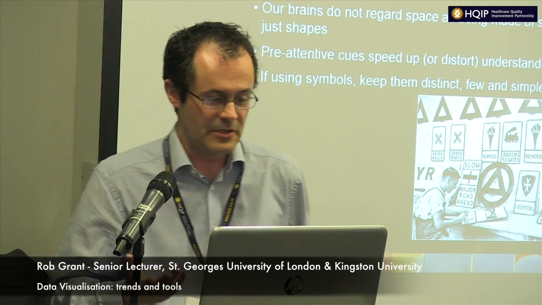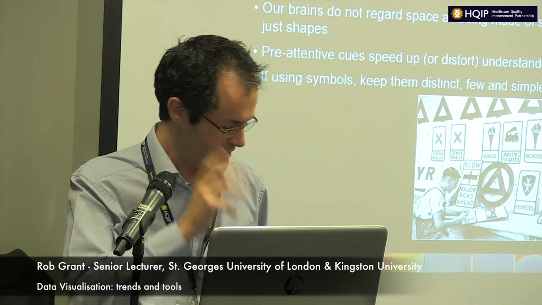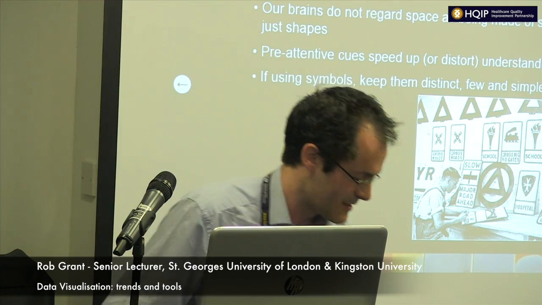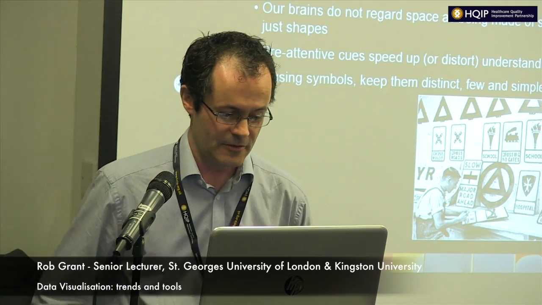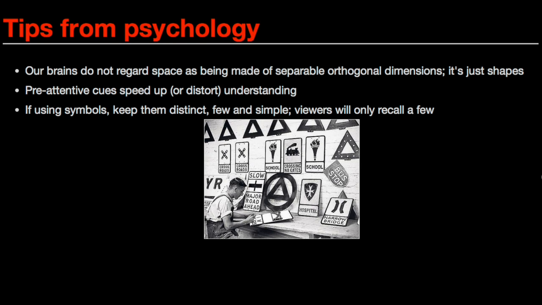If you think of sheet music as a graph where you've got time and pitch, and there's loads of other symbols, sheet music actually is a terrible example of visualization. You can learn a lot from road signs, because we used to have hundreds and hundreds of different symbols, loads of text, and it was different in every county. And you had to slow down at the crossroads to try and work out what that is.